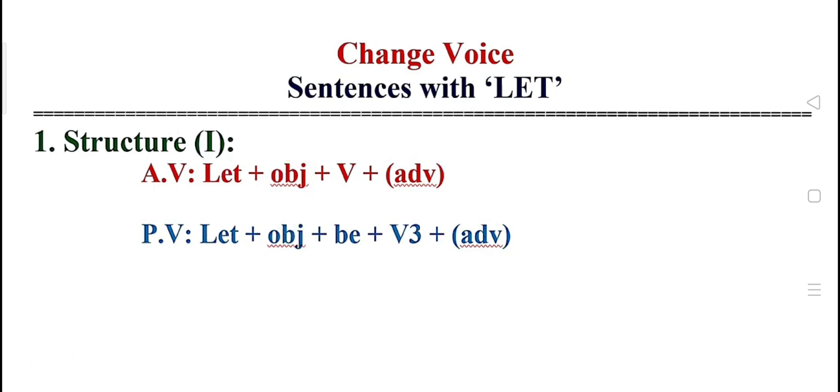Now we'll see the sentences and we'll try to change them as per the structures over here. So our first sentence of the first category is let the bird fly away. First let's analyze this sentence.